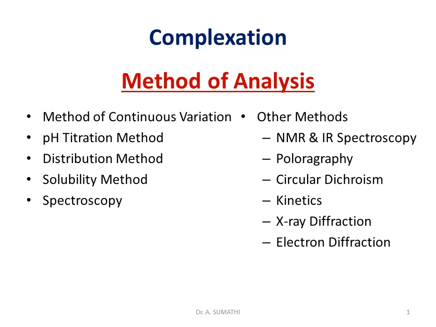Apart from that, it also includes miscellaneous methods, which cover NMR and IR spectroscopy, polarography, circular dichroism, kinetics, X-ray diffraction, and electron diffraction. In this presentation, with a few slides, I am going to discuss in detail the method of continuous variation.